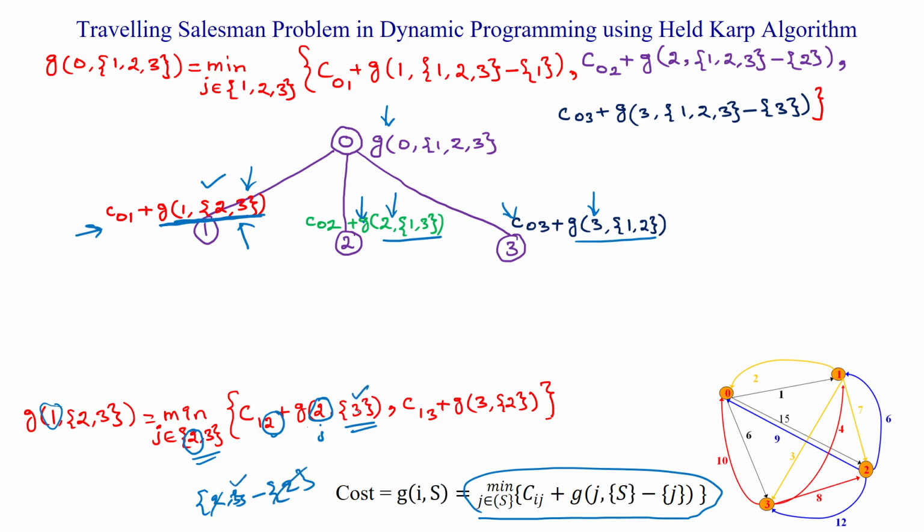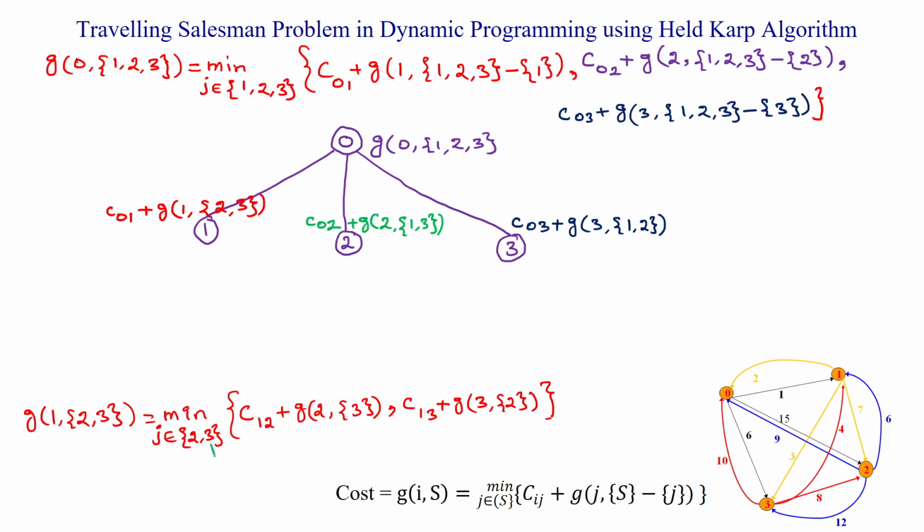That's what this 3 is. Then another option is that I am going to select 3 as the second option. When you select 3 as the second option, now here i is 1 and j is 3, so c 1 3 plus g of j, which is 3.